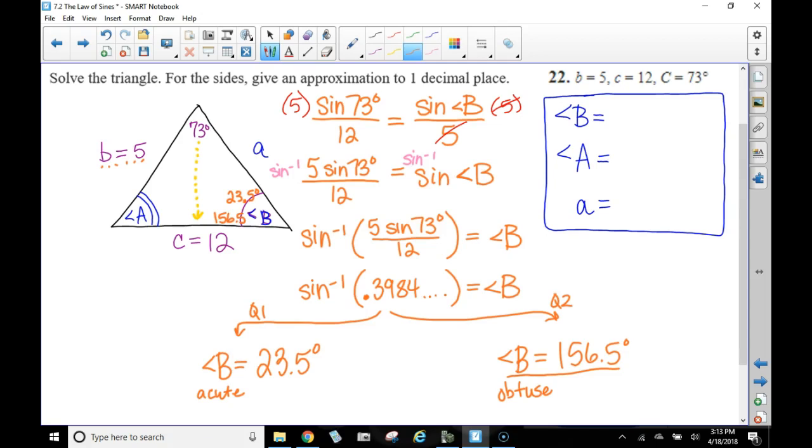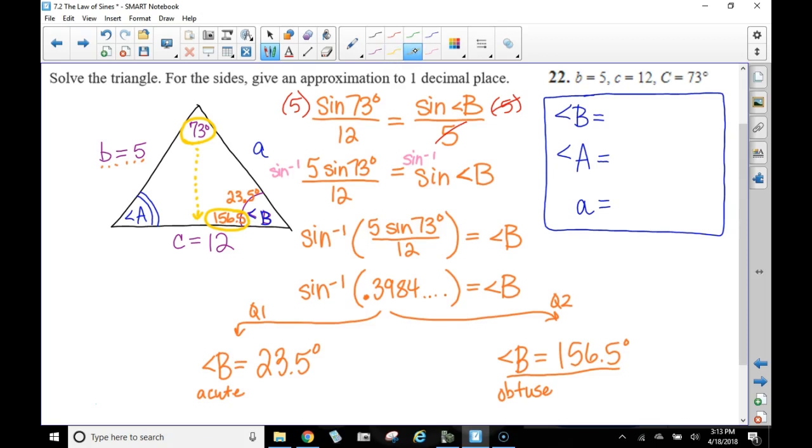156.5 degrees? Now, this is only the one triangle, because for any triangle, the sum of all the interior angles is 180. And when we take this 156.5, which is what's in question, if that exists or not, and add it to 73, we get something that's greater than 180. Okay?